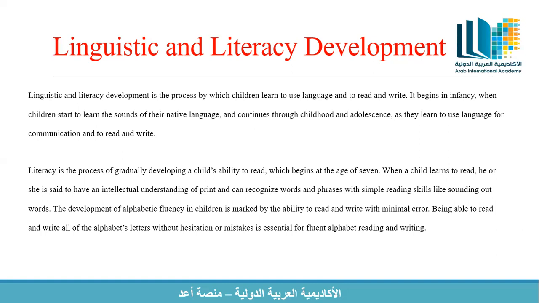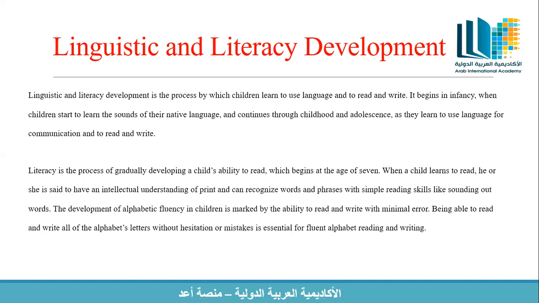They start sounding out words, they start developing phonemic awareness, they start developing their understanding of phonics, how to relate sounds to letters, and then this is when they start understanding the print or the words, and they start relating spoken language with written language. The development of alphabetic fluency in children is marked by the ability to read and write with minimal error. So we read and write, but we try our best not to make mistakes.